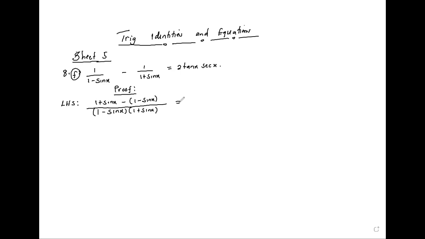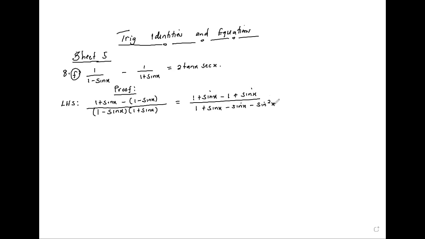Okay. The next step is we simplify the numerator, which will be 1 plus sine x. We expand the brackets there, so it will be minus 1 plus sine x. Now the denominator, if we expand it, because it's the difference of two squares, we have 1 by 1, which is 1, 1 by sine x, and then negative sine x, and then negative sine squared.